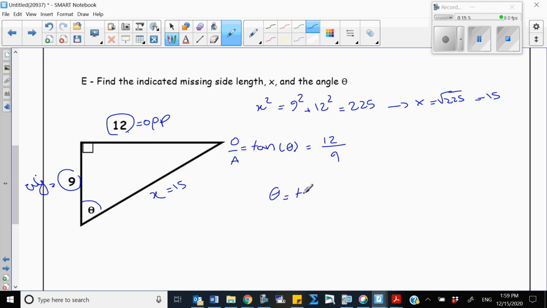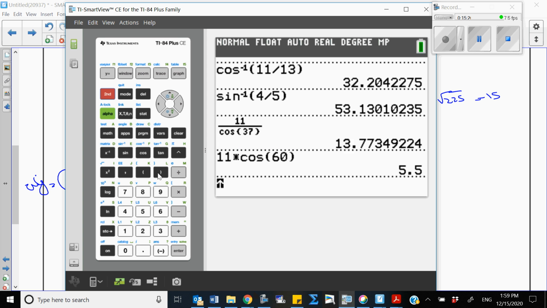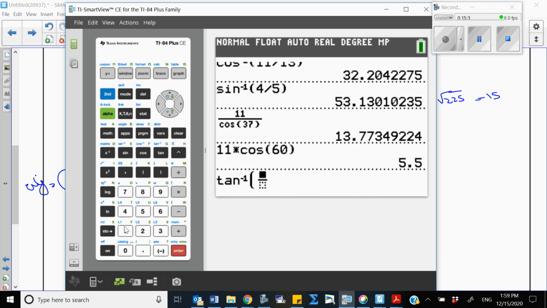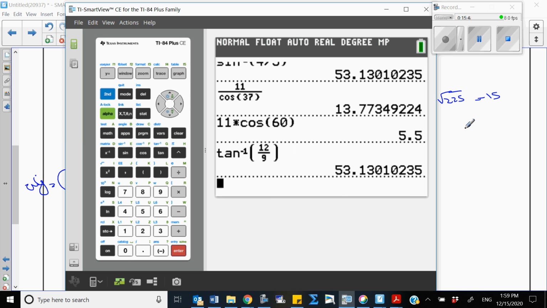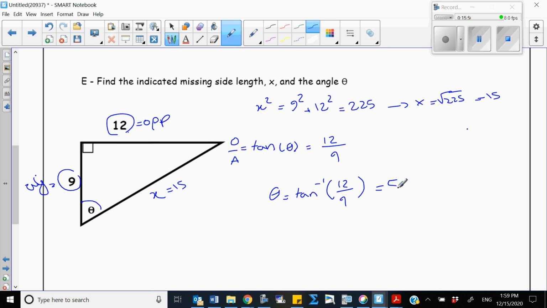Use the inverse function, tangent negative 1 of 12 over 9. Second, tangent of 12 over 9, oh, I'm sorry, it was 12, not 11. 12 over 9, and it's equal to 53.1 degrees. So that's how I find the other angle.